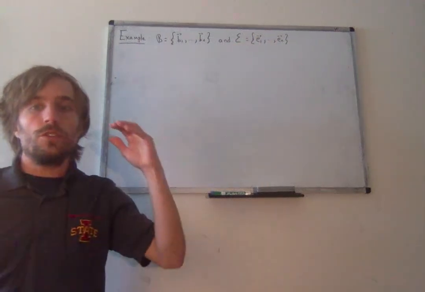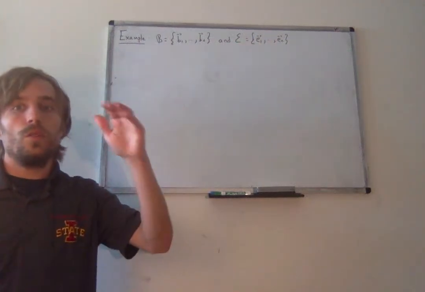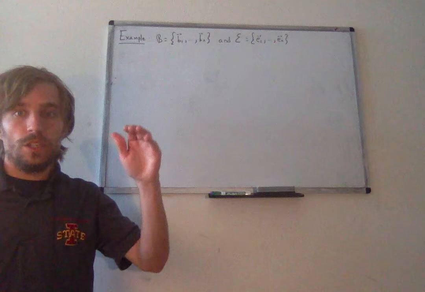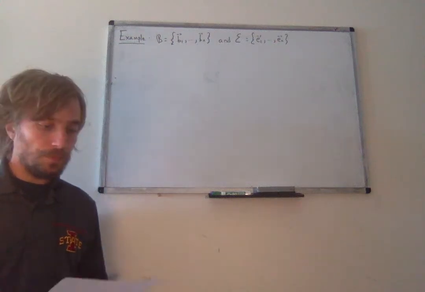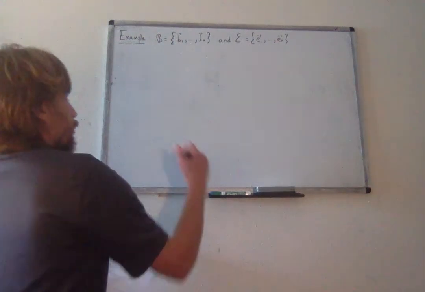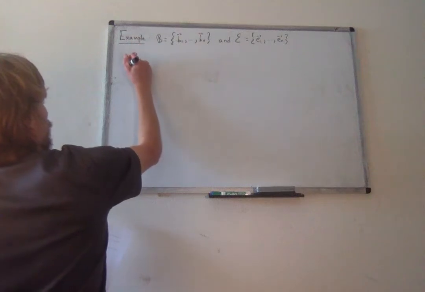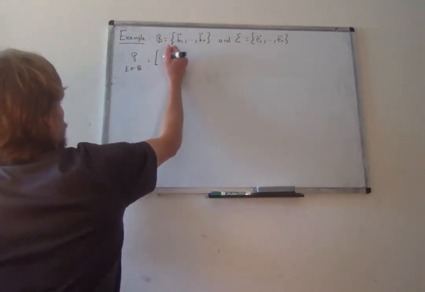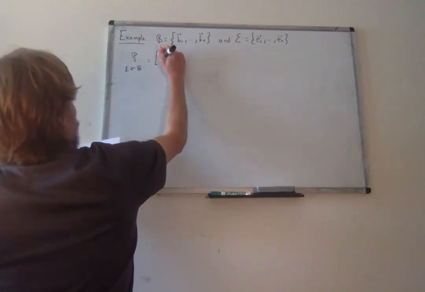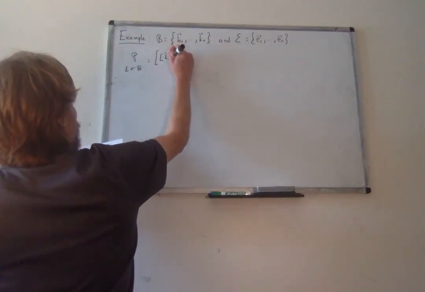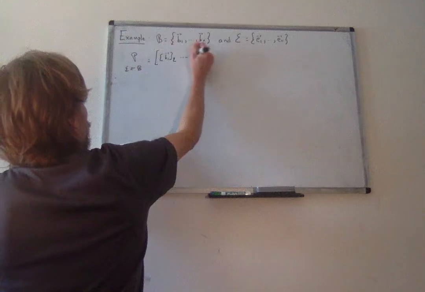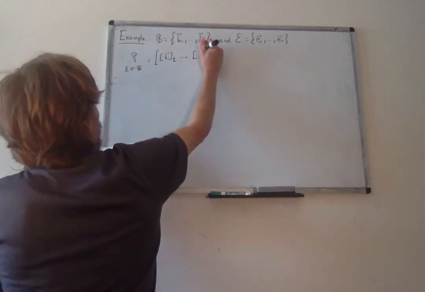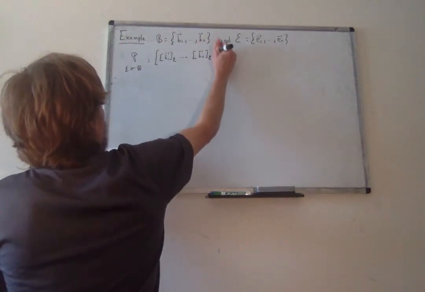Remember, this is the vectors 1, 0, 0, ..., 0, then 0, 1, 0, ..., 0, and so on. As we've already seen, notice this is equal to B1 under the standard basis representation all the way out through Bn under the standard basis representation.